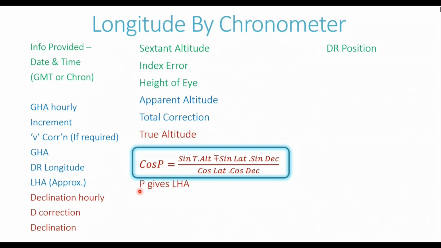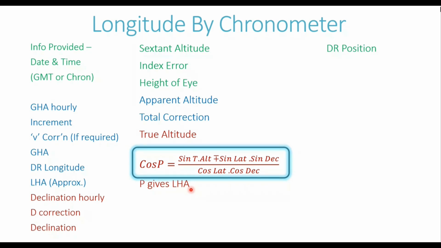This doubt does not arise when we find the value of P from LHA, because we know when LHA is less than 180, P is equal to LHA. When LHA is more than 180, P is equal to 360 minus LHA. But in this case, the value of LHA is not known to us in the first place. So we don't know whether P will be equal to LHA or 360 minus LHA.